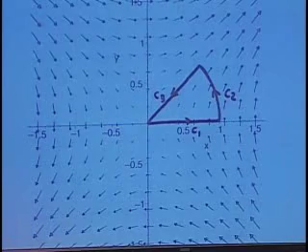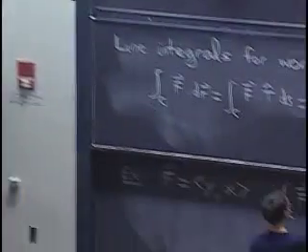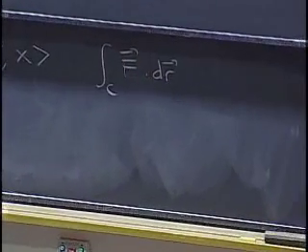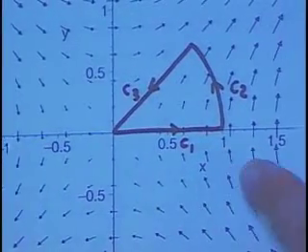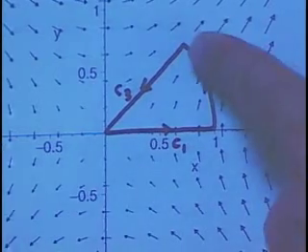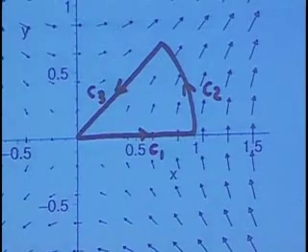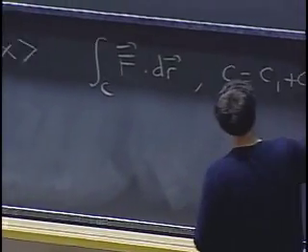And let's say we want to find the work done by this vector field if I move along this closed curve. I start at the origin, then I move along the x-axis to 1, then I move along the unit circle to the diagonal, and then I move back to the origin in a straight line. Okay, so C consists of 3 parts.